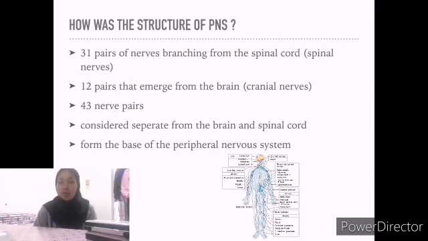And it also consists of 12 pairs that emerge from the brain called cranial nerves. So the total is 43 nerve pairs. It is considered separate from the brain and the spinal cord, and it forms the basis of the peripheral nervous system.